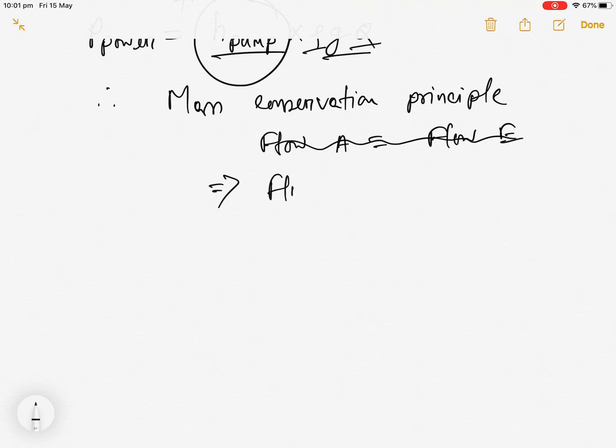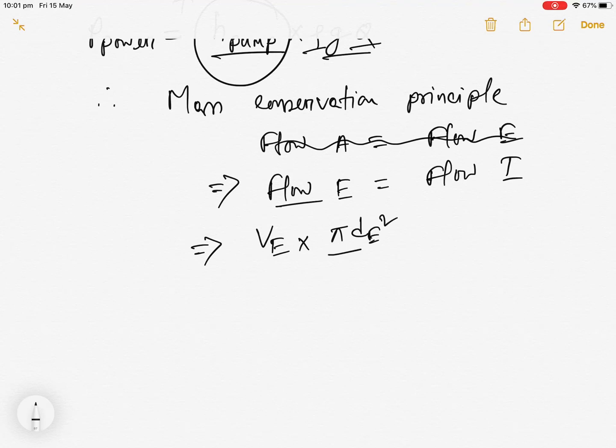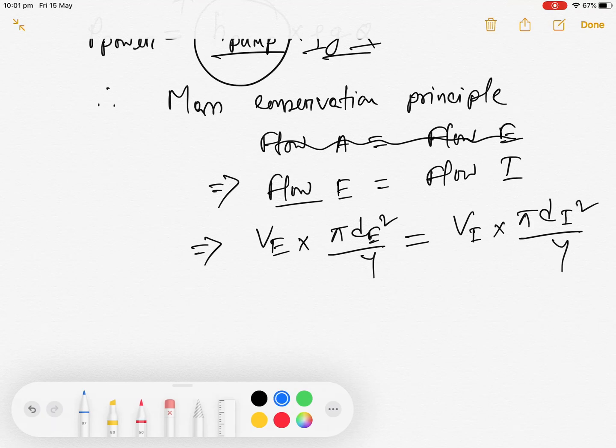So we can say the flow at section E will be equal to the flow at section I. If we calculate the flow rate at section E, it is VE times the area, which is circular, so pi dE square over 4, and it is equal to velocity VI times pi dI square over 4.